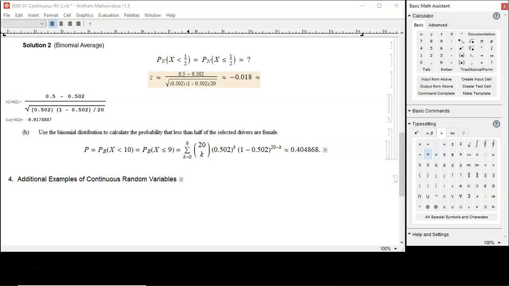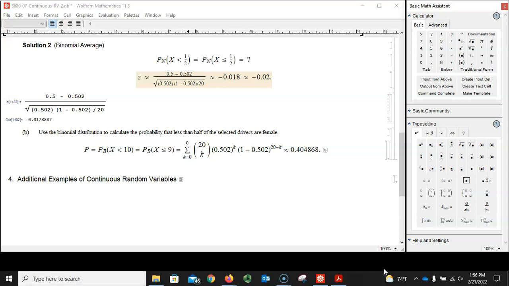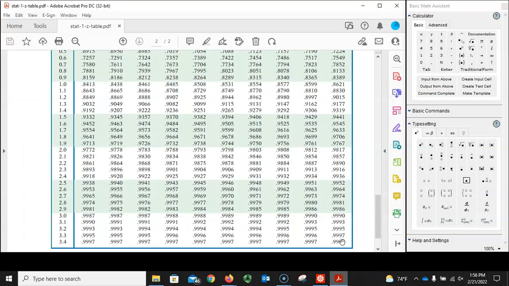So this is what I have to look up from the normal table. Is that right? Did I calculate everything correctly? Yeah, I guess so. Okay, all right. And then from the normal table, what do I get? Let's see.